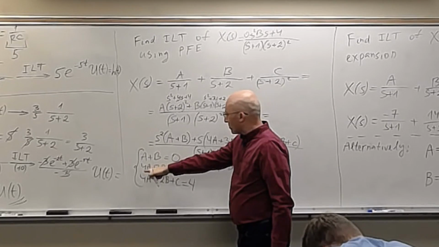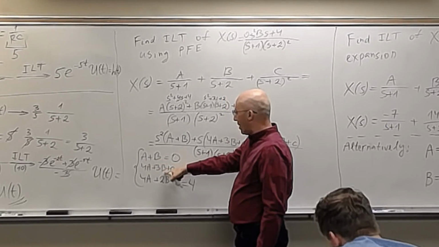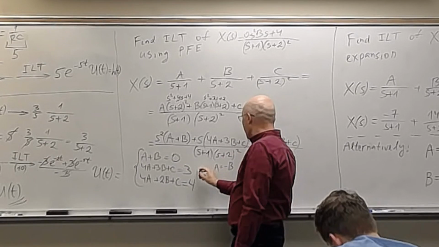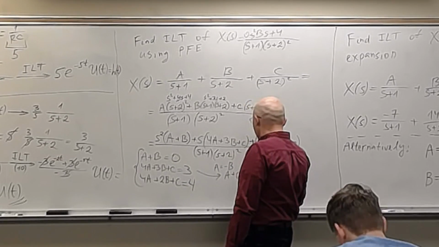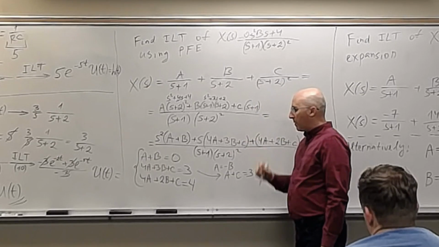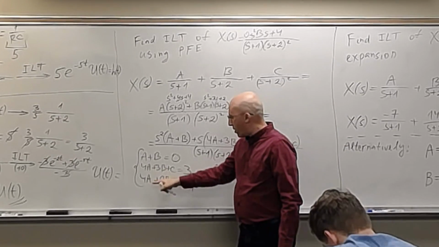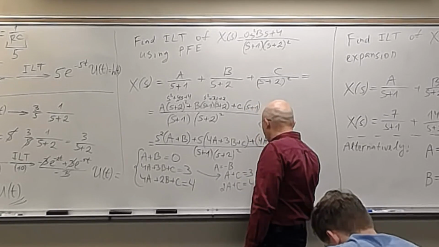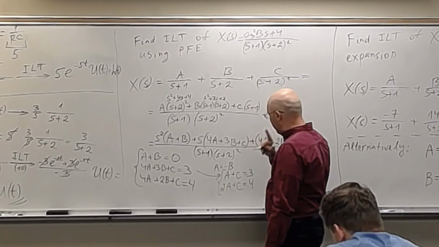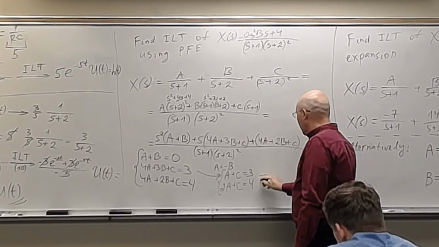So let's put it here. 4a plus 3b is the same as 4a minus 3a. So from the second one, you get a plus c equals 3. And here it's 4a minus 2a, so it's twice a plus c equals 4. Now you need to solve that one.